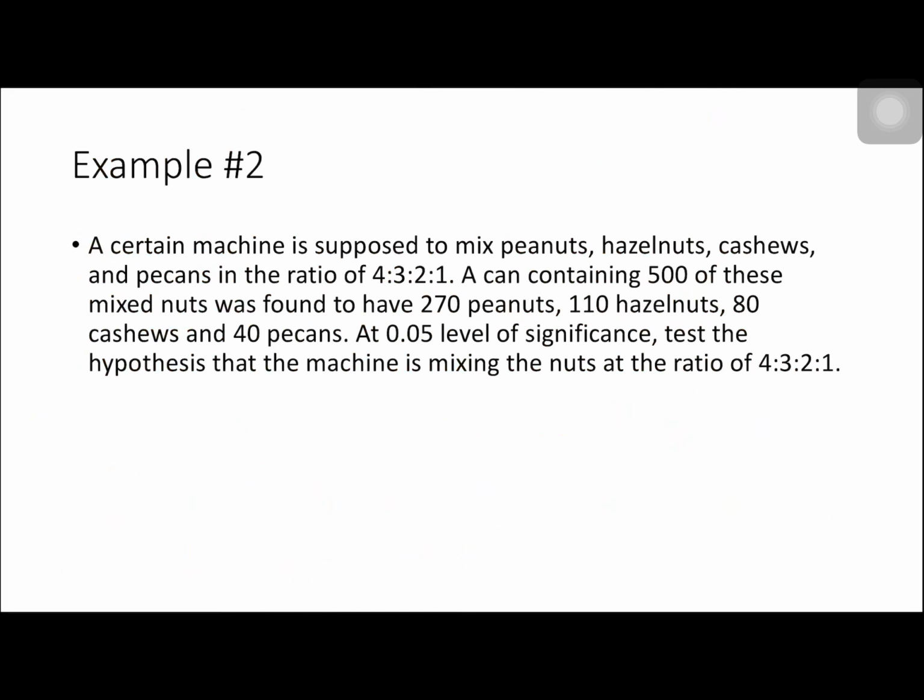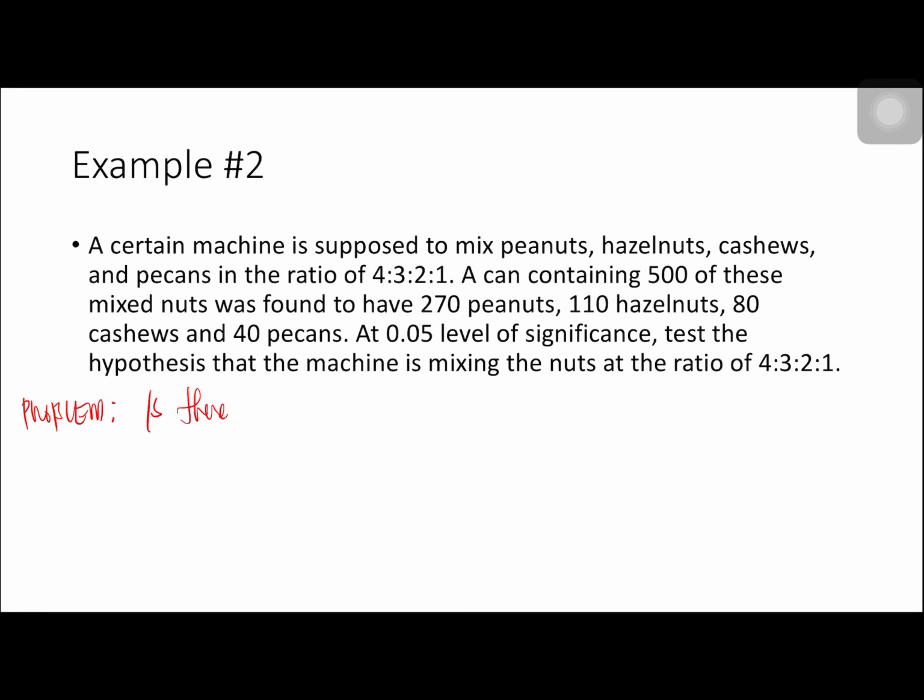At 0.05 level of significance, test the hypothesis that the machine is mixing the nuts at the ratio of 4:3:2:1.